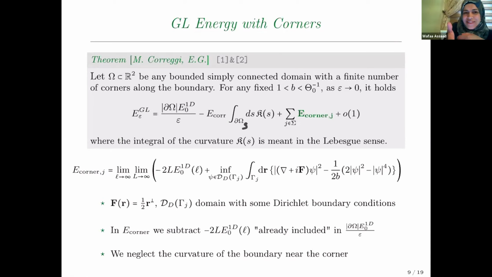This conjecture, I'm happy to know, at least for the flat angles, you said. But for flat angles, it's quite near to the smooth, so it's not the smooth.